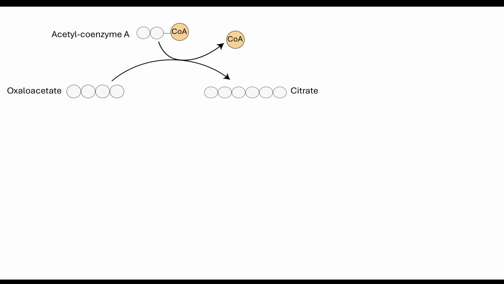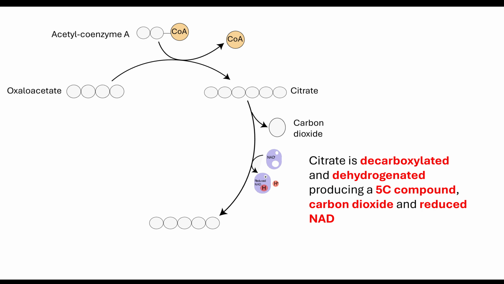So as we move through them, we've formed the citrate, which is the 6-carbon molecule. So the first thing that needs to happen is this decarboxylation. So the citrate is decarboxylated. We have removed carbon dioxide. Remember, De is the removal, carbox, carbon dioxide. So decarboxylation is the removal of carbon dioxide from this 6-carbon molecule, producing a 5-carbon molecule.